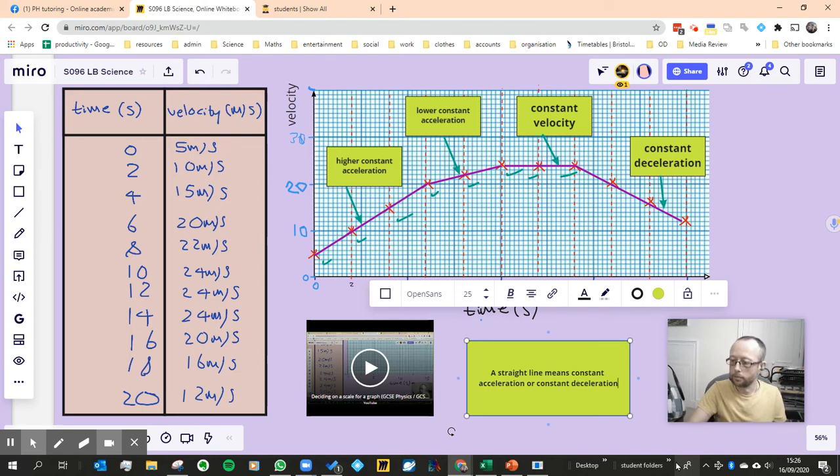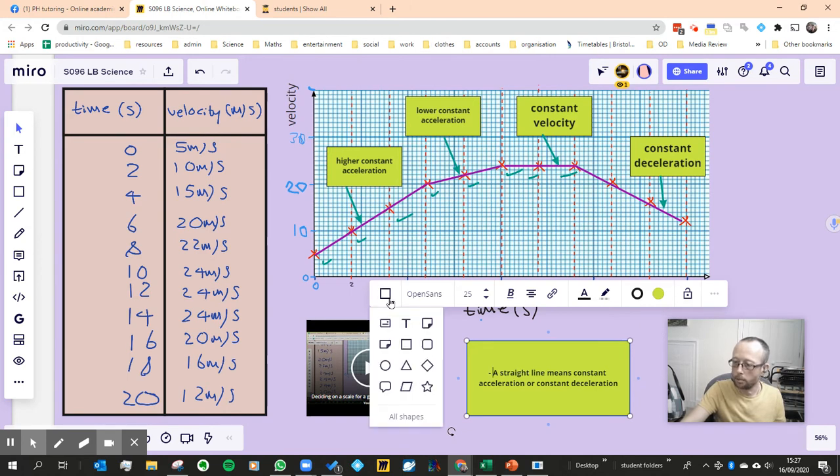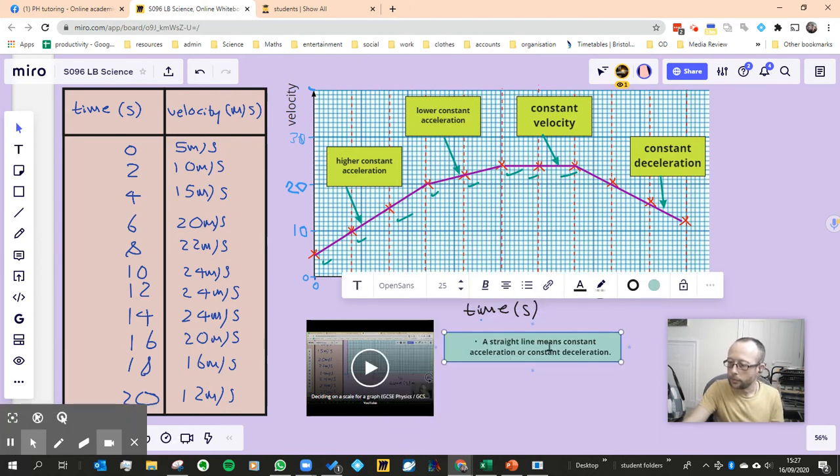So that's our first point. All these are straight lines actually. They're all constant velocity, they're all constant acceleration. This one's constant acceleration as well, and the acceleration that it is basically zero acceleration.